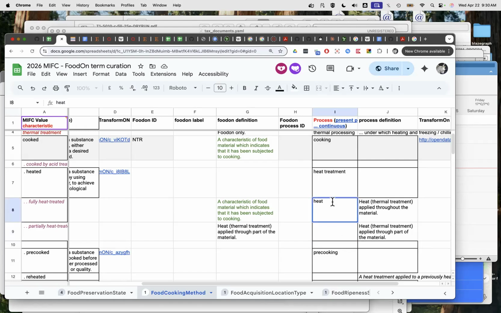Well, let's just see what it looks like. So in that case, you can have full heat treatment or partial heat treatment. Right. Yeah. Now here it is full, and then below it is partial.